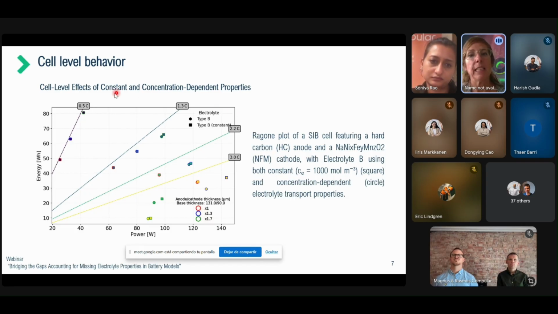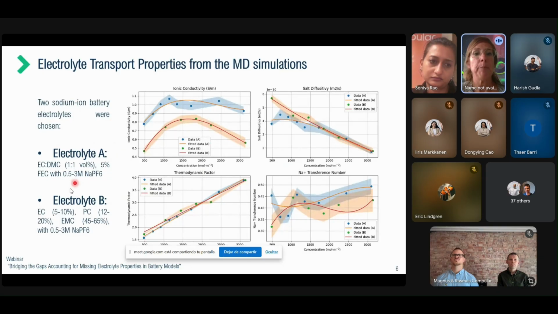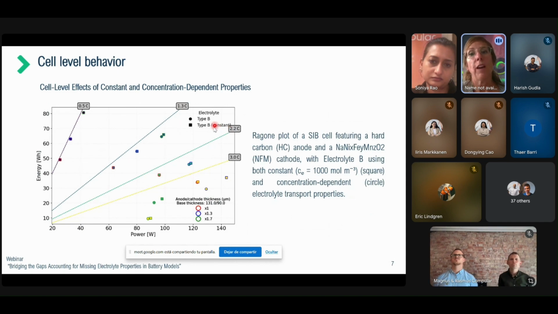And in this case, what we are comparing is the type B, which is basically this EC, PC, and MC based electrolyte with a constant value of concentration, or including this influence on the concentration into the transport properties.